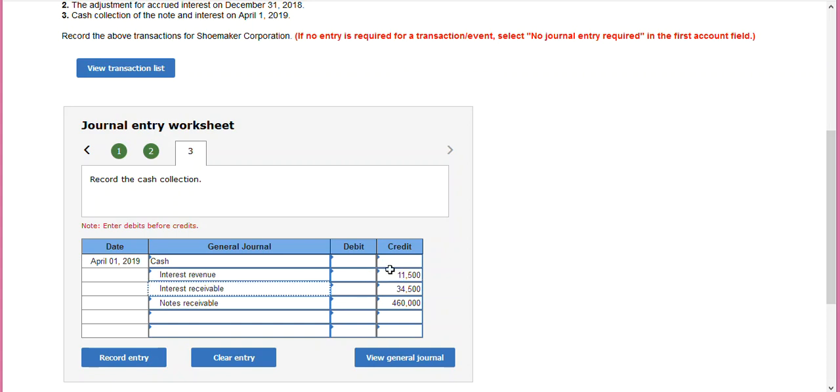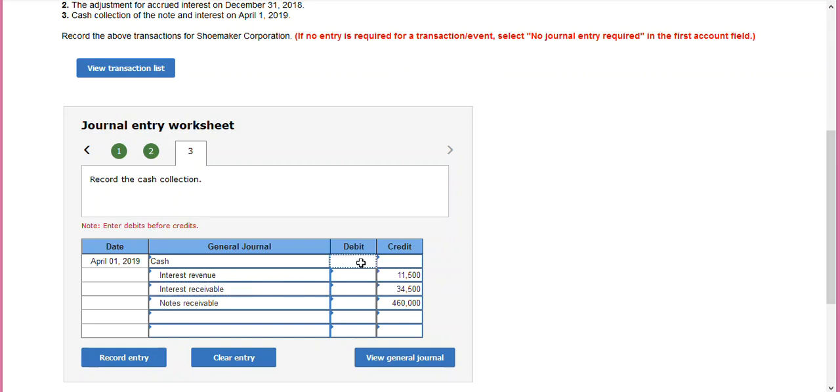So you should be able to see the total interest here was $46,000. And that's the interest for 12 months, but part of it was in the first year, and then the other part was earned in the second year in those last 3 months. So together they make up 12 months of interest.